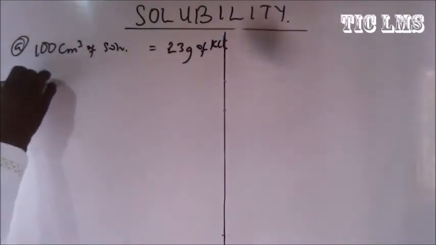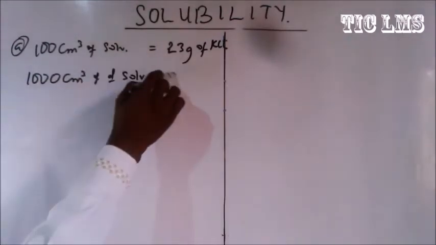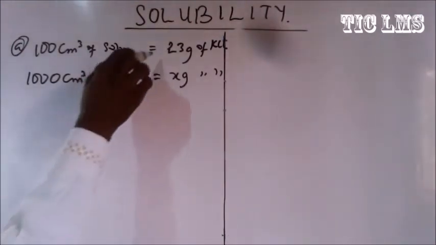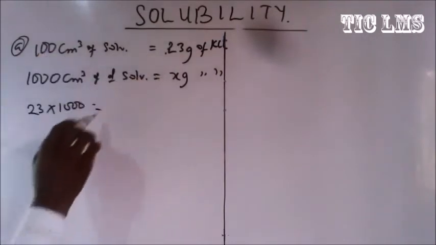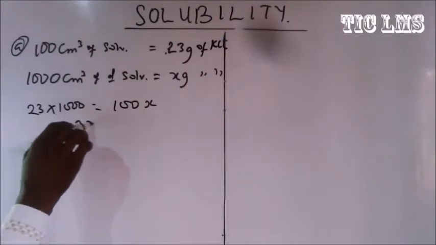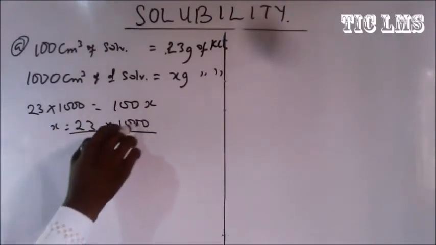So if you have 1000 cm cubed of the solvent, how many grams of KCl are we going to have there? So we cross multiply. So 23 multiplied by 1000 and 100 multiplied by x, which is 100x. So x equals 23 times 1000 divided by 100.